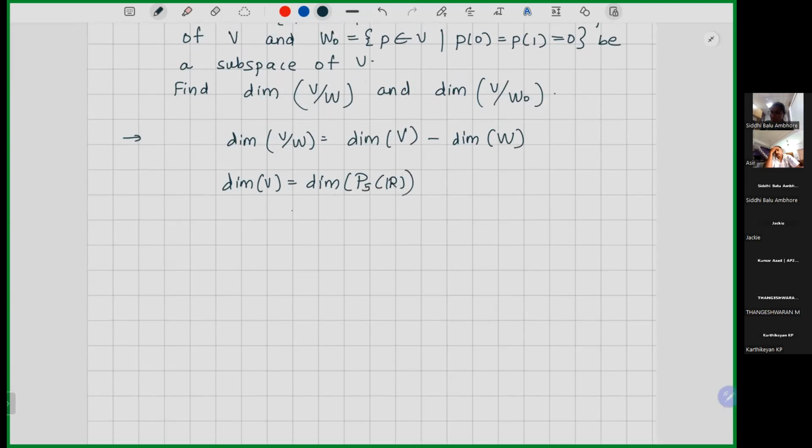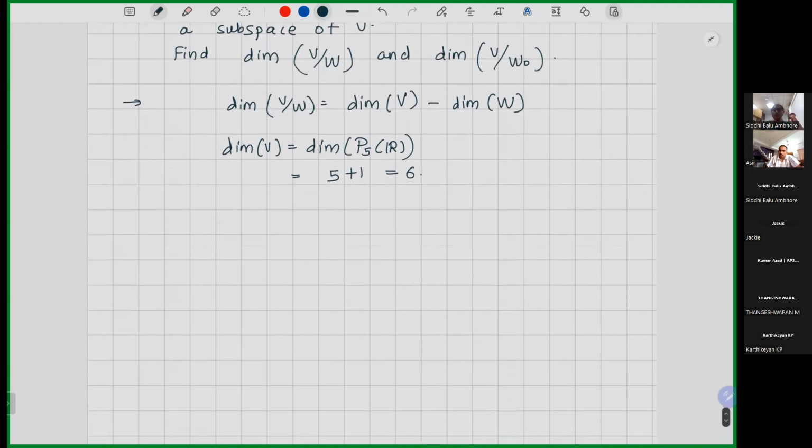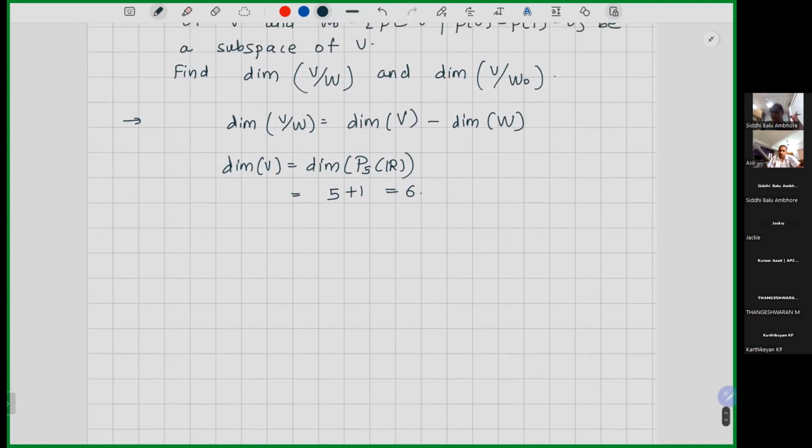And we discussed last time that the dimension of any PnR is n plus 1. So here n is 5, so the dimension is 5 plus 1, which is 6. So we just have to now find the dimension of W and W naught. Let us start with finding the dimension of W.